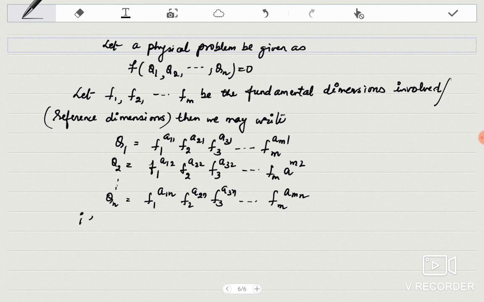Now if the number of fundamental dimensions is greater than or equal to the number of variables involved, then the units of q1, q2, qm may be considered as fundamental units.